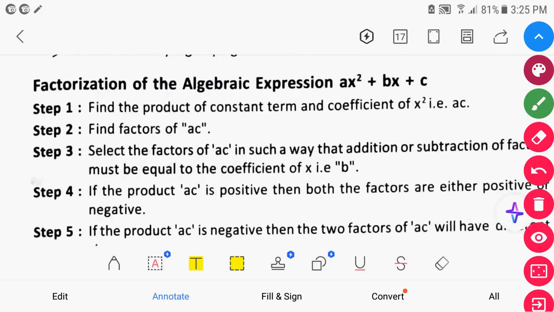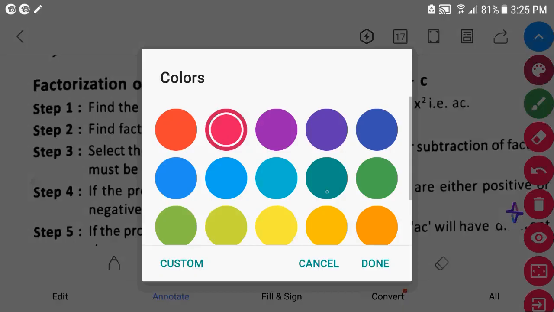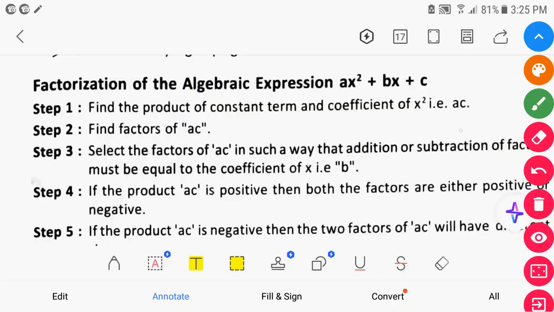So what are the steps of factorization of an algebraic expression? Suppose x square plus bx plus c is an algebraic expression and we have to factorize it. Find the product of the constant term and the coefficient of x square. In our expression the coefficient of x square was 1 and the constant was 18. So first we find the product of both of them.